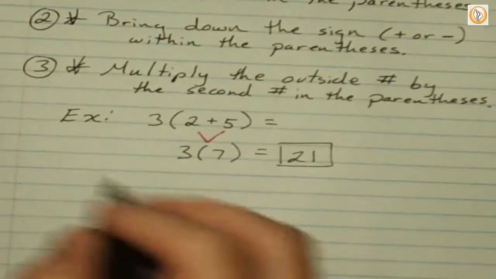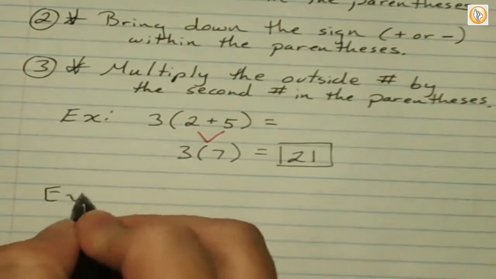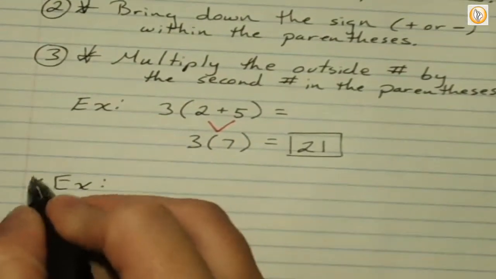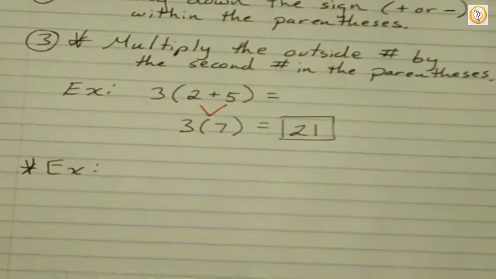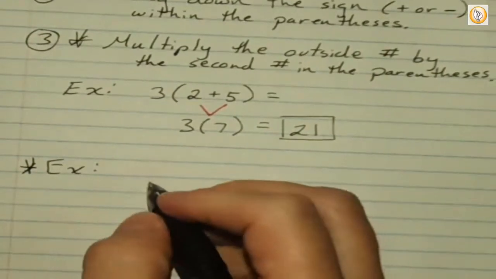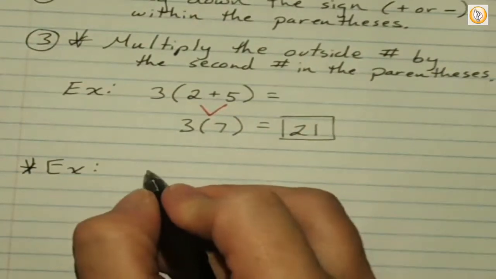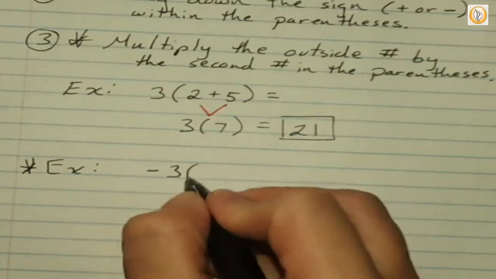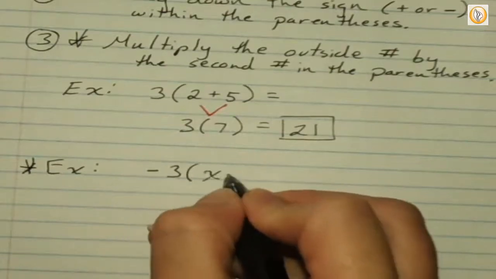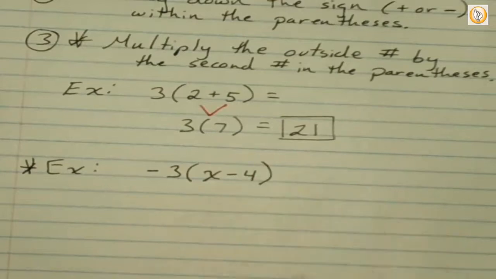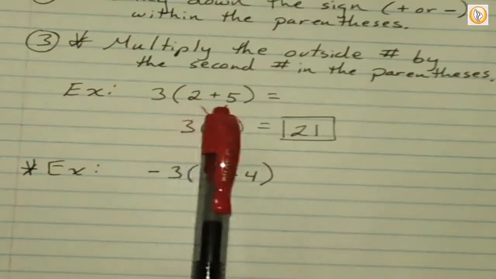But watch this, Tanner. In fact, I'm going to put a star by this example. This is where I'm going to bring it home. What if I have negative 3 times the quantity x minus 4? Up here, I could do 2 plus 5.